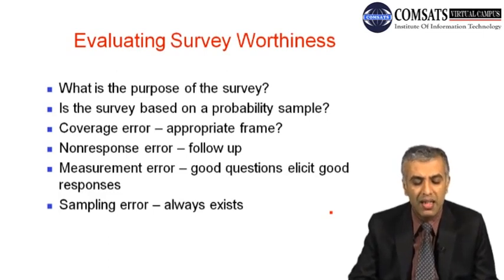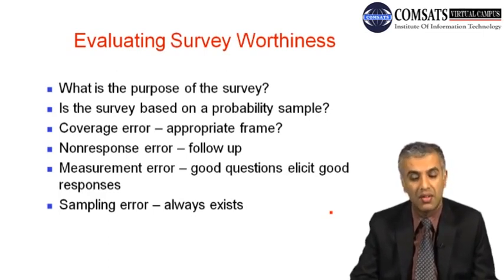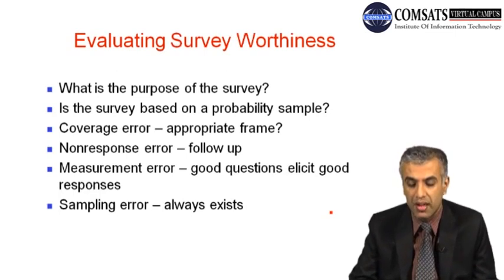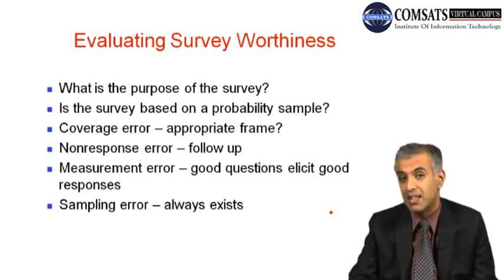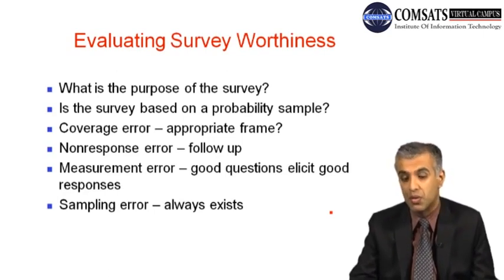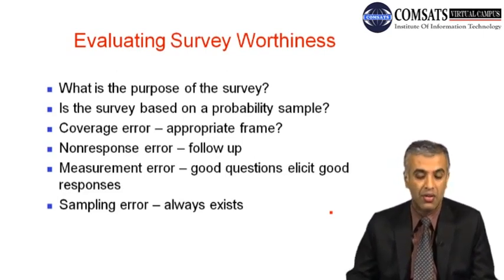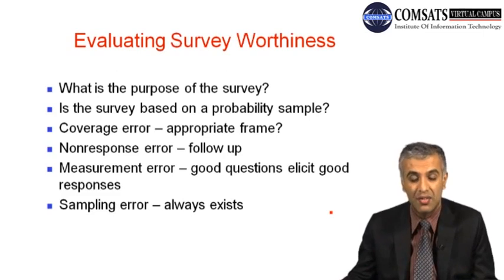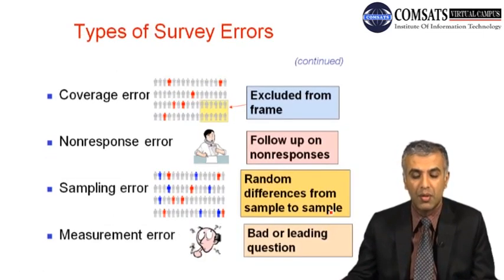Now, while dealing with the errors which we have discussed, whether we have got the coverage error, have we selected the appropriate frame or not, whether we are dealing with the follow-up or not, or whether we have got sampling error or not, which basically does exist. We cannot reduce it, but we have to mention it.